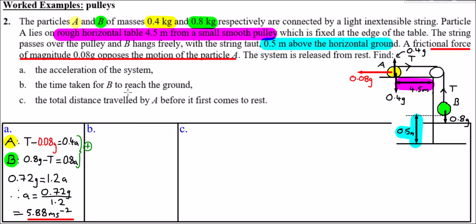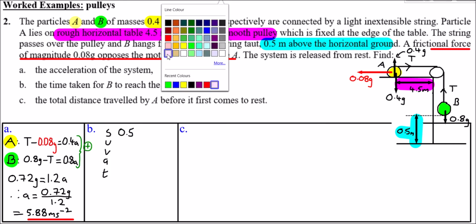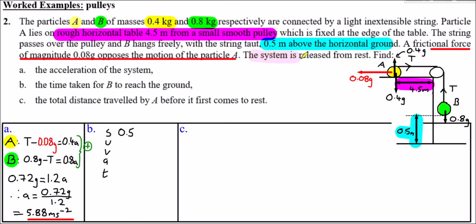Part B, the time taken for B to reach the ground. Well, this one actually is a fairly straightforward SUVAT type question. When B reaches the ground, it will have travelled 0.5 meters, so the displacement is 0.5. It does say as well, if we read the question carefully, that the system initially is at rest.